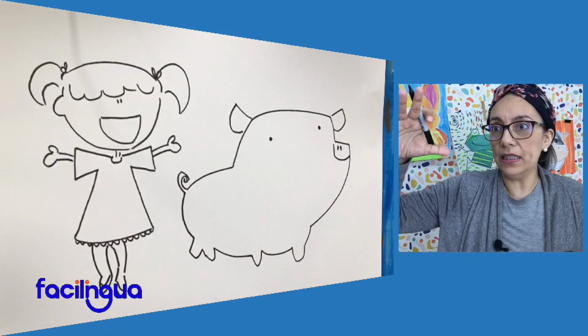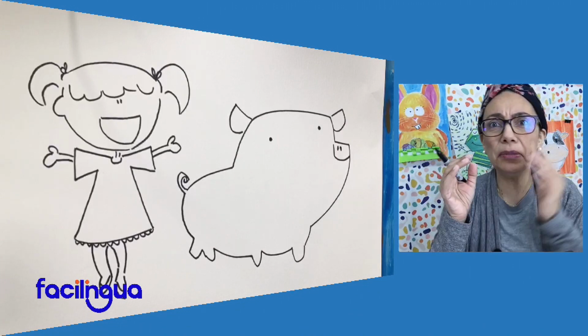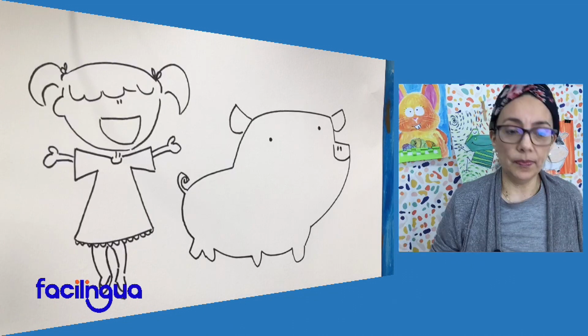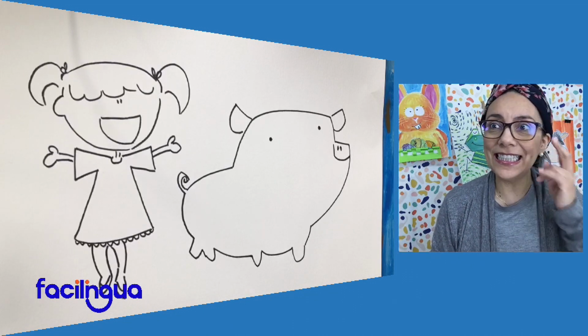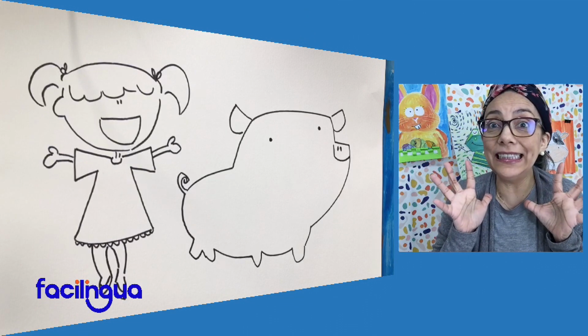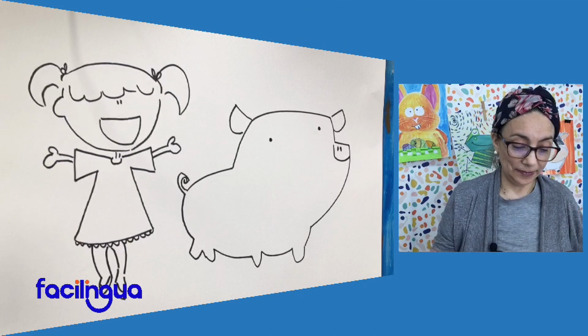This pig is big, it's really big. It's not a baby pig, it's not little, it's very big, it's enormous. So she sees the pig and she says, oh, incredible, fantastic, yes.